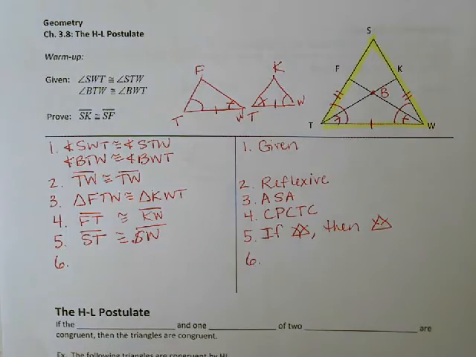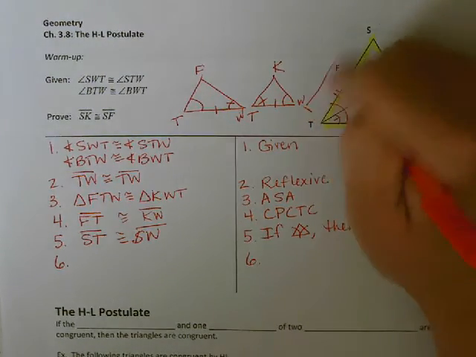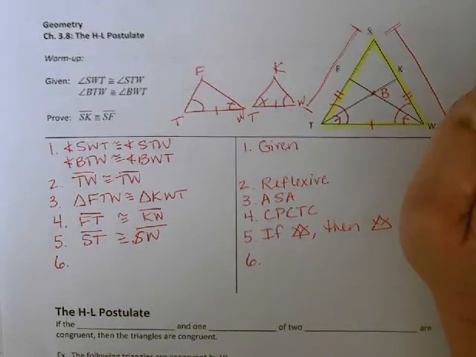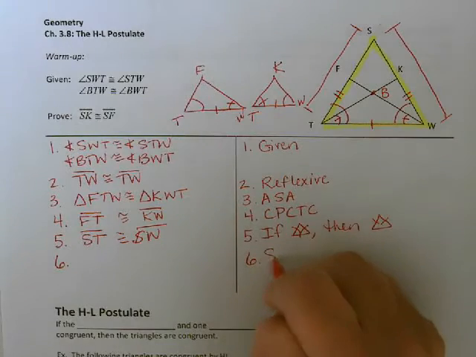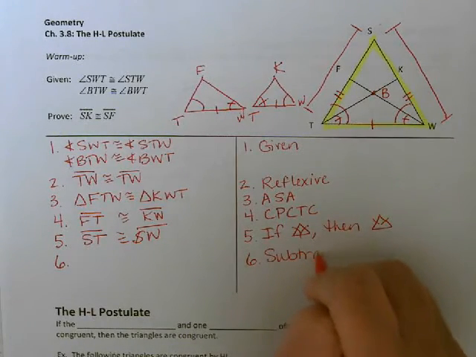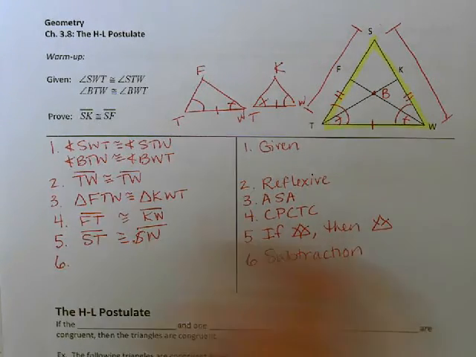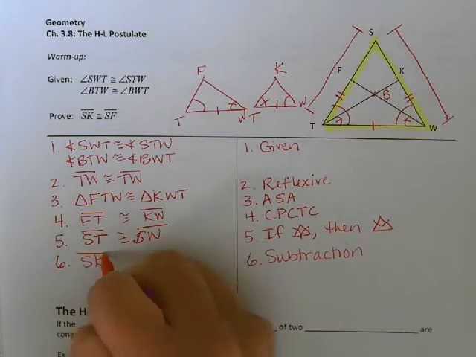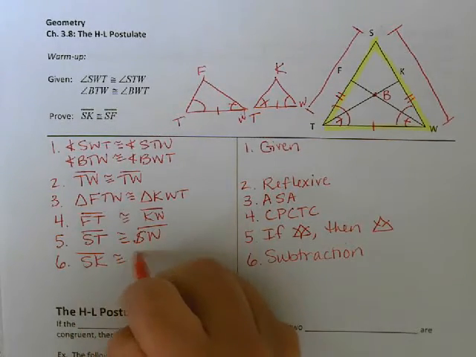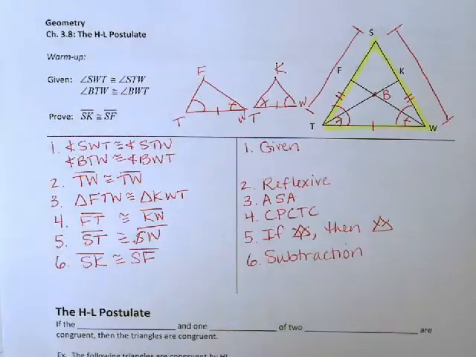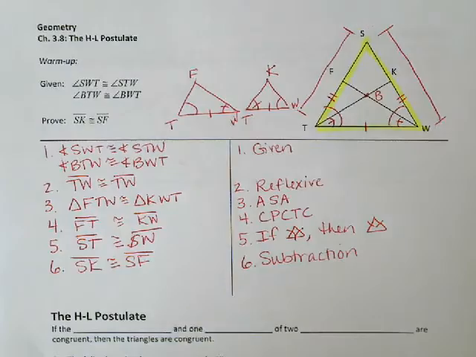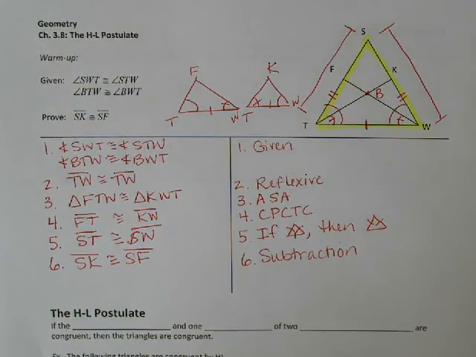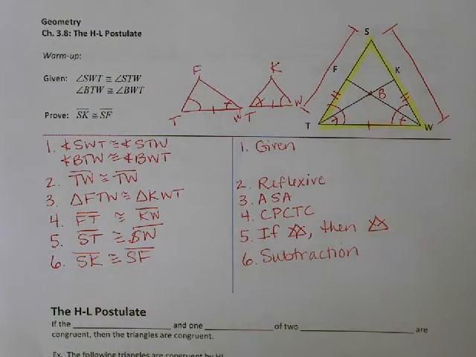Once we've said that ST is congruent to SW, we can now use subtraction. And we can say that segment SK is congruent to segment SF. So that's just a quick review of congruent triangles and the isosceles triangle theorems.